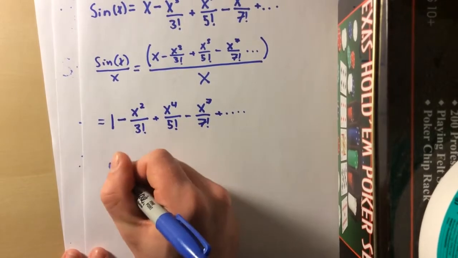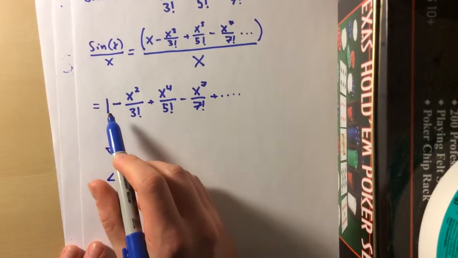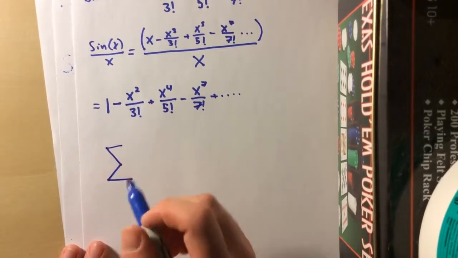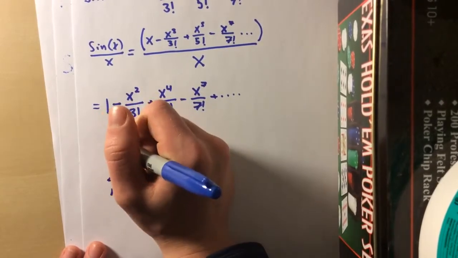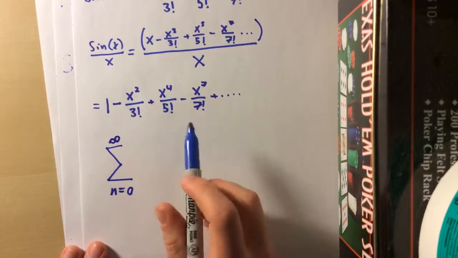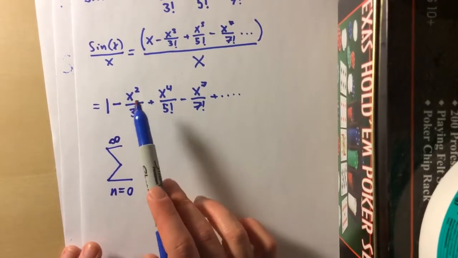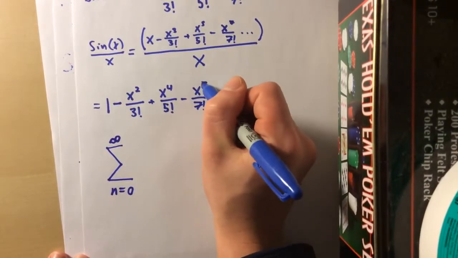And that's going to be your polynomial for sine of x over x. And if we want to rewrite that in sigma notation, well, we're starting off with 1. And once again, when you're starting off with 1, a lot of the time you're going to want to start at n equals 0. This is a bit of a trickier one to write out, but hope you guys caught this.